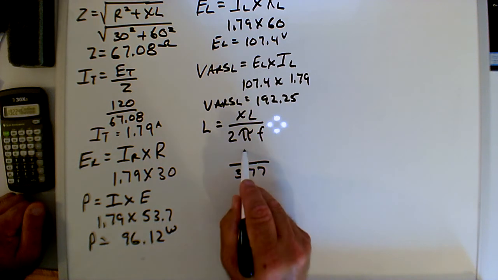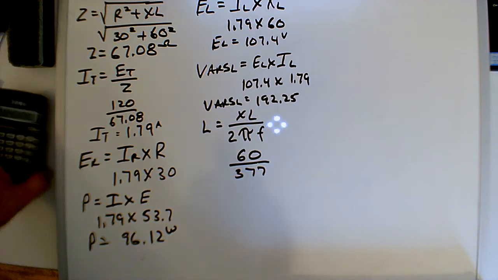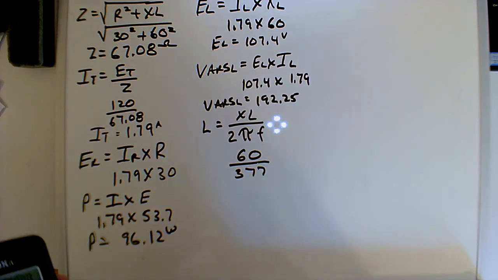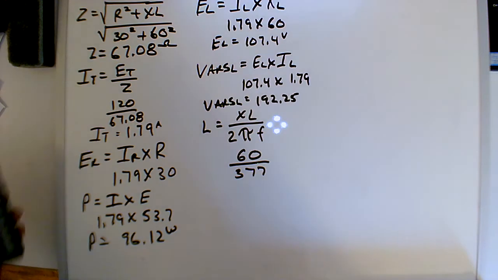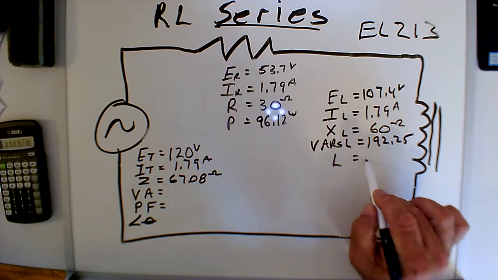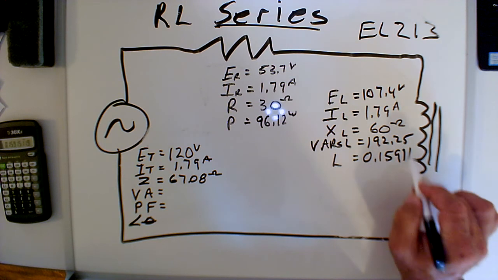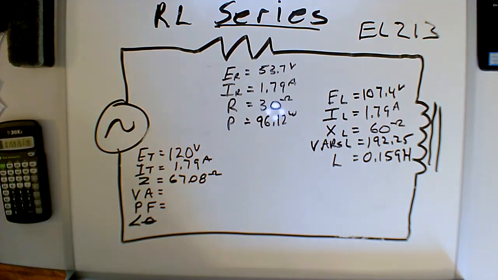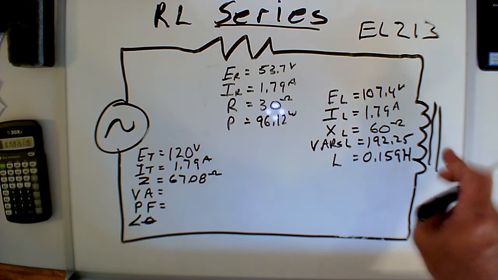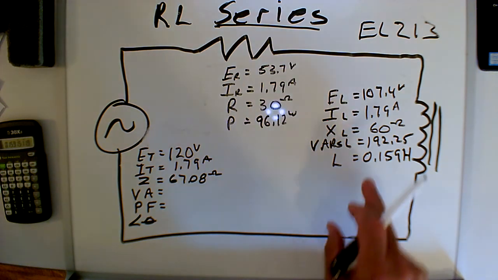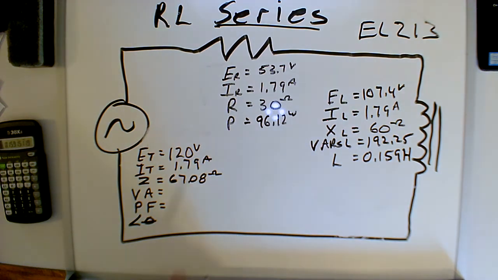The XL in this particular case is 60. So let's figure out what 60 divided by 377 equals: 0.159 henries. The inductance of the inductor is labeled in henries, so 0.159.